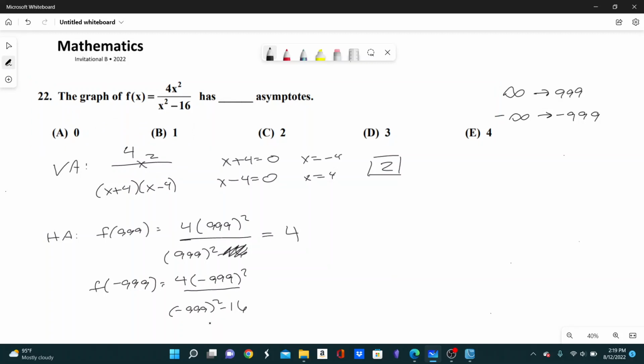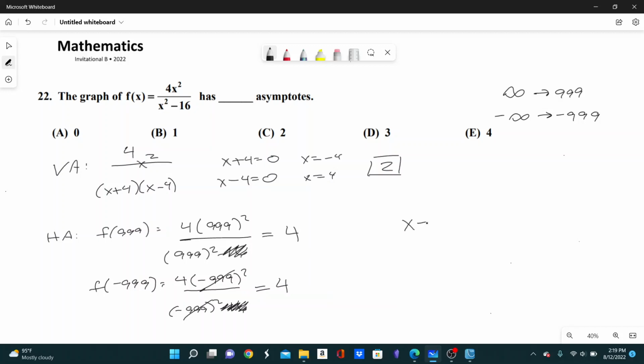And so like before, as this number gets bigger and bigger, this minus 16 is going to become insignificant. So I'm just going to ignore it. And so negative 999 squared divided by negative 999 squared, those will cancel. And the horizontal asymptote on the left is also going to be 4.